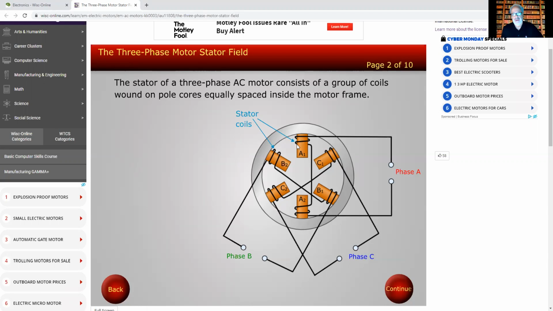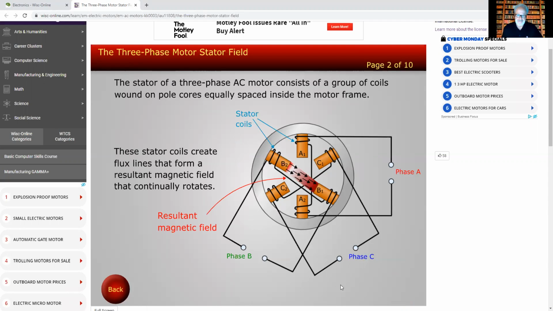So from here to here, 60, 120, 180, 240, 300, and then back to 360, all the way around. This is showing the three phases of electricity. These are the stator coils, inside the motor frame.